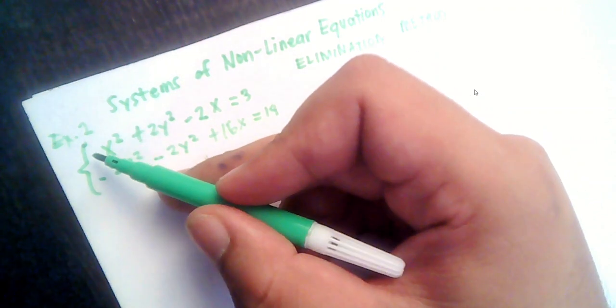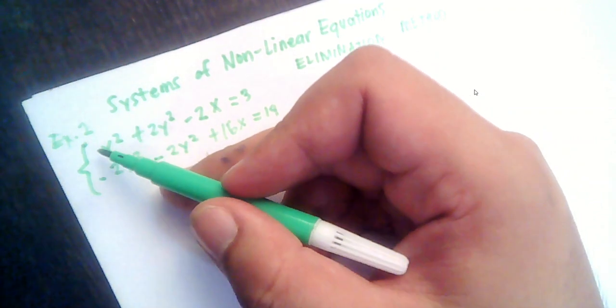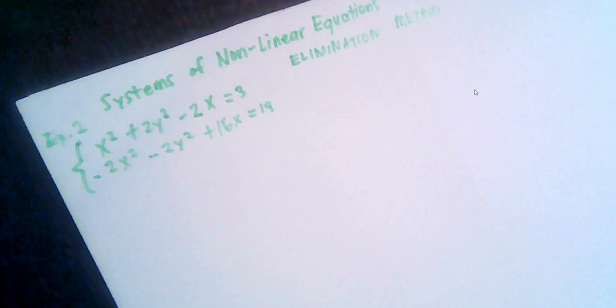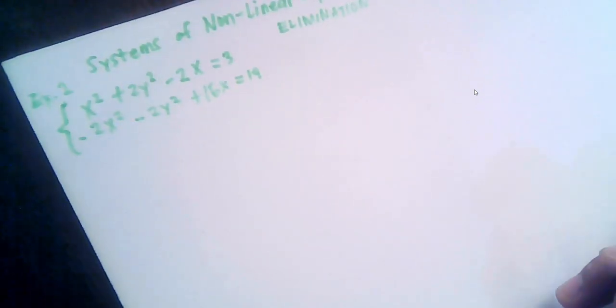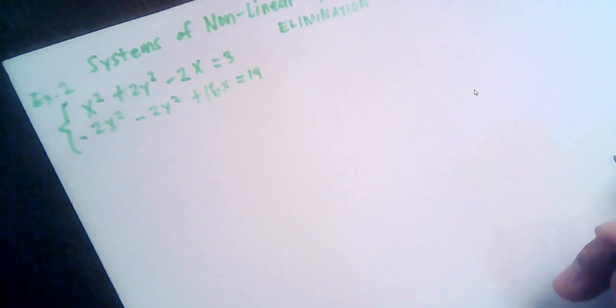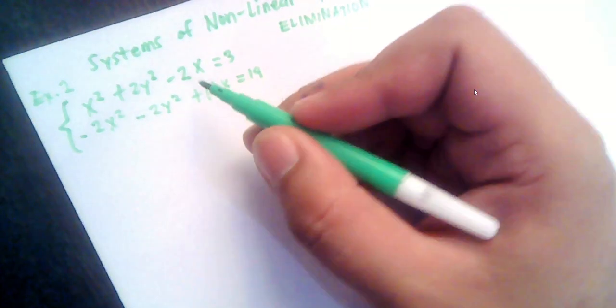So again, this could be added by 2. But in this case, we can try to eliminate it directly. Okay, let us try to align first.